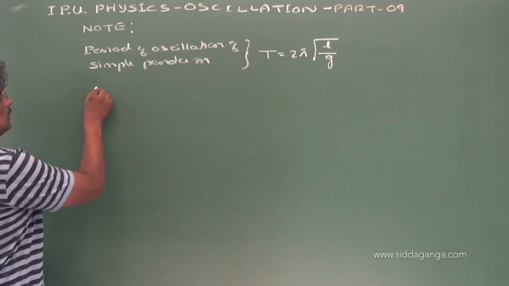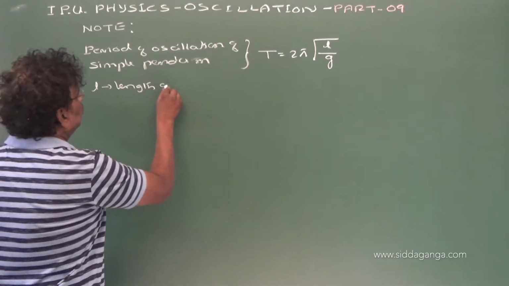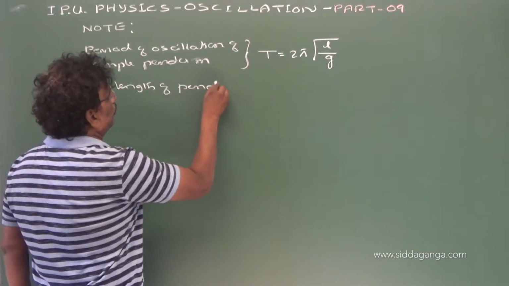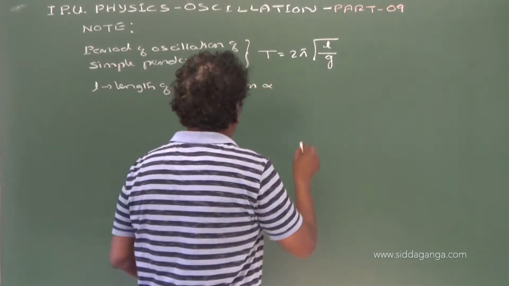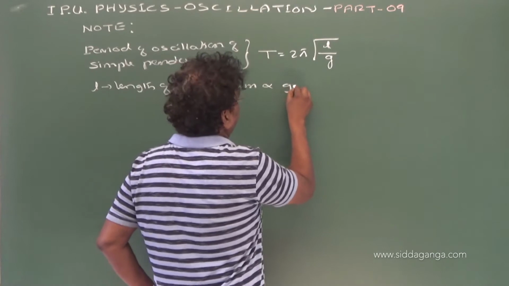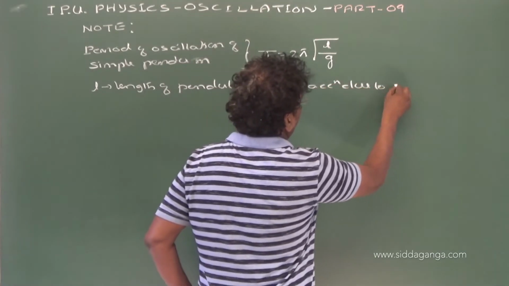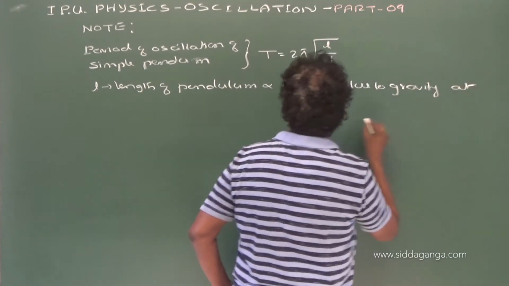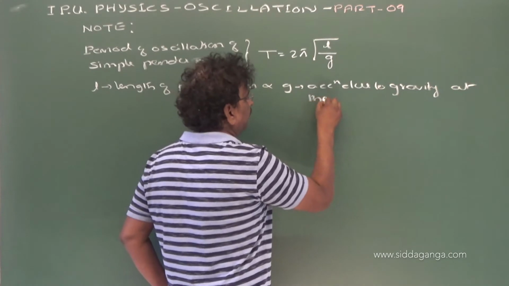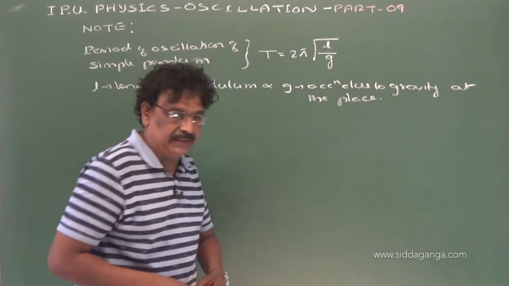Now where L is the length of the pendulum and G is the acceleration due to gravity at the place.